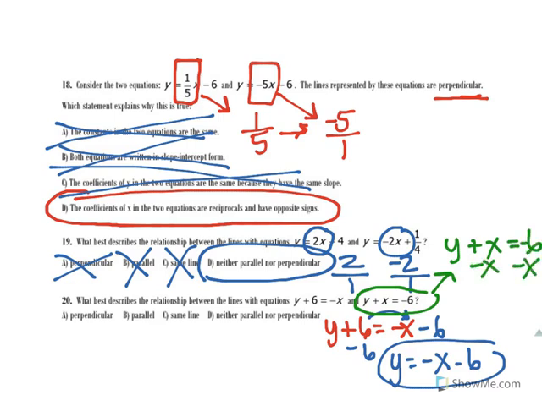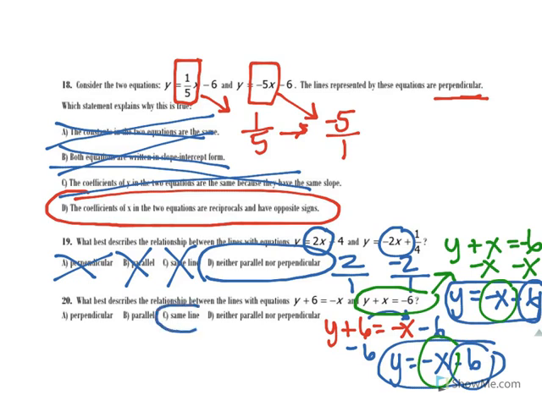So subtract x, and y equals negative x minus 6. Comparing these two equations, they have the exact same slope and the exact same y-intercept. So they are going to be the exact same line. So the answer is going to be C.